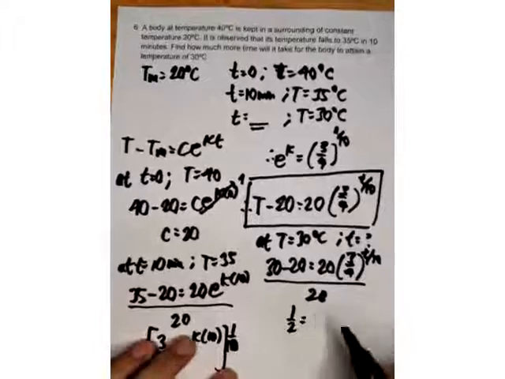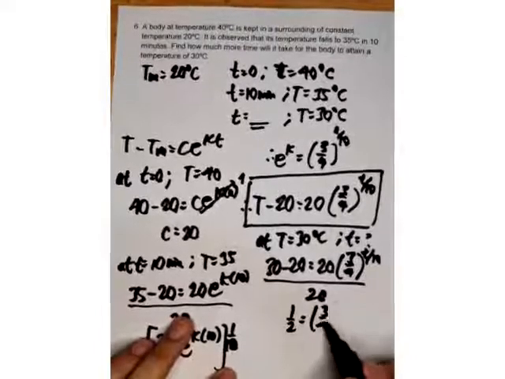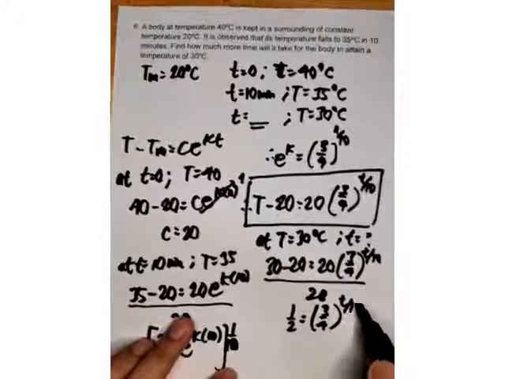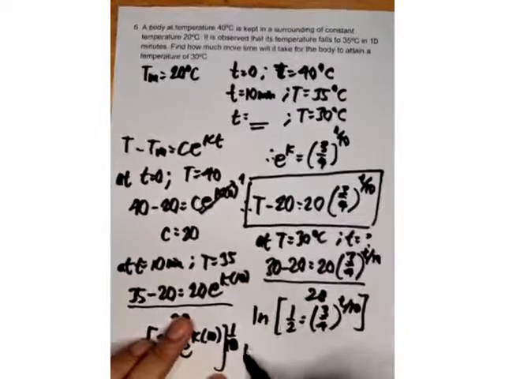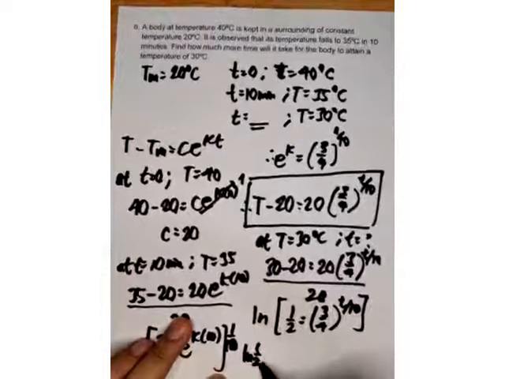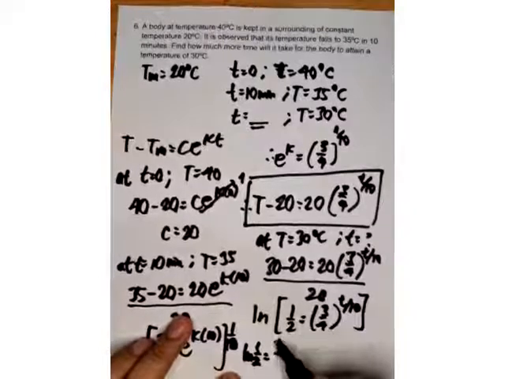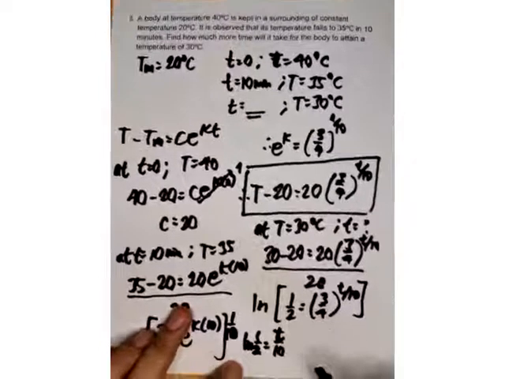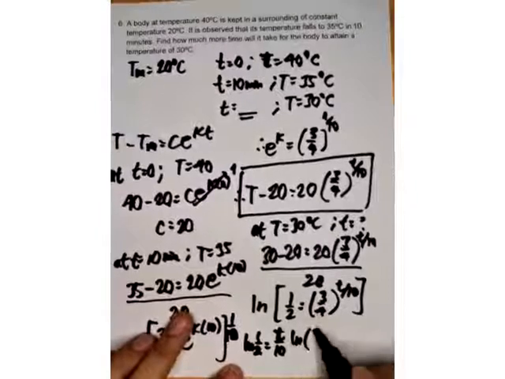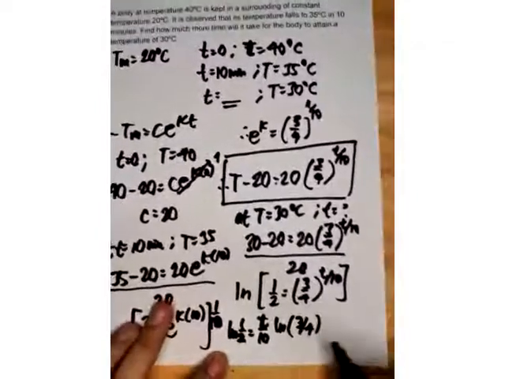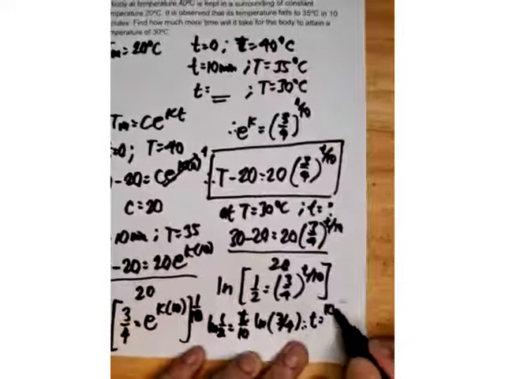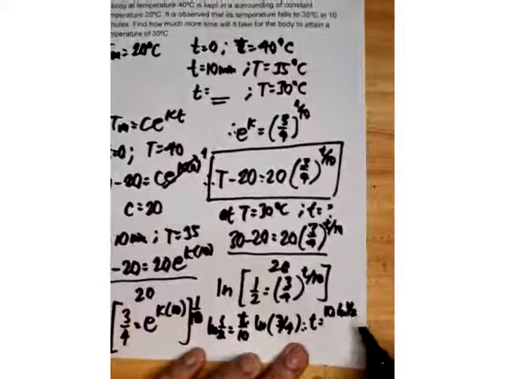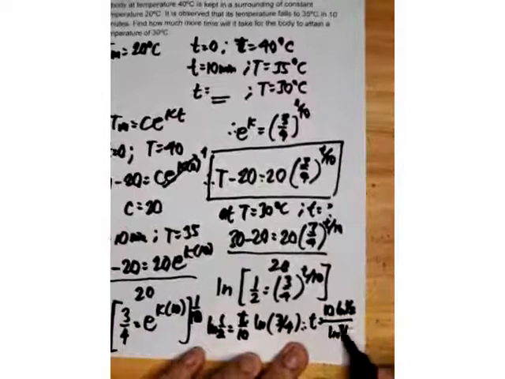So 1/2 is equal to 3/4 raised to t over 10. Let's apply ln on both sides. So ln of 1/2 is equal to t over 10 times ln of 3/4. Shortcut ko na lang: t is equal to 10 ln of 1/2 over ln of 3/4.